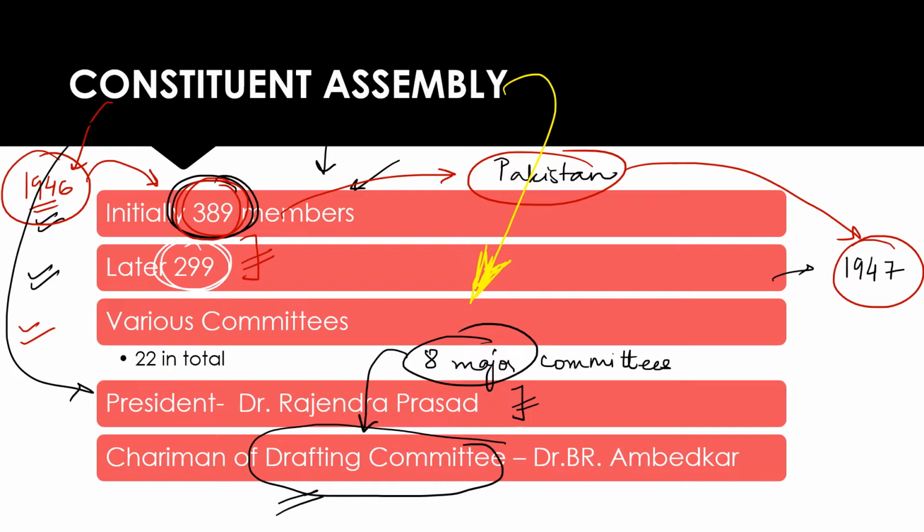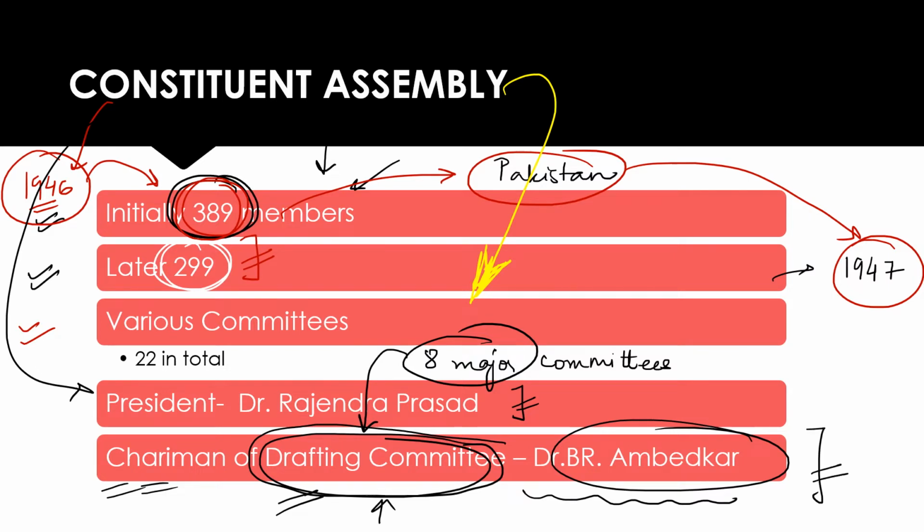And the chairman of the drafting committee was Dr. B.R. Ambedkar. So remember one thing, do not call him the chairman of the Constituent Assembly. He is the chairman of the drafting committee of the Constituent Assembly, which was a very important committee, and therefore sometimes Dr. Ambedkar is also referred to as the father of the Indian Constitution.